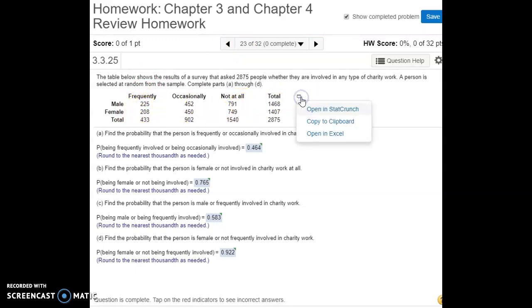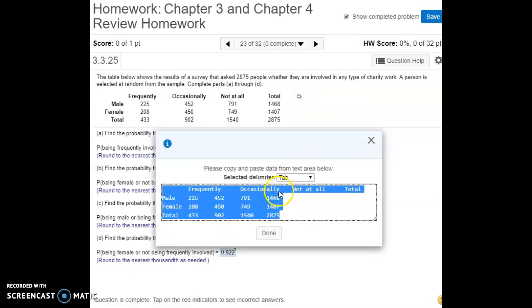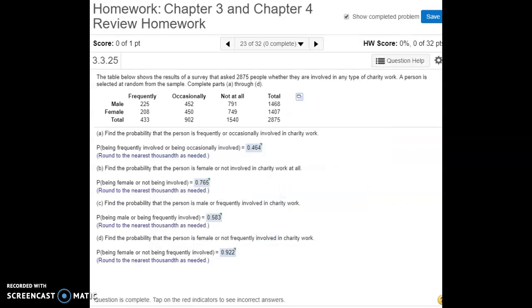And I want to copy that into Excel to get these numbers. And we have some OR probabilities here. Find the probability that a person is frequently or occasionally involved in charity work.